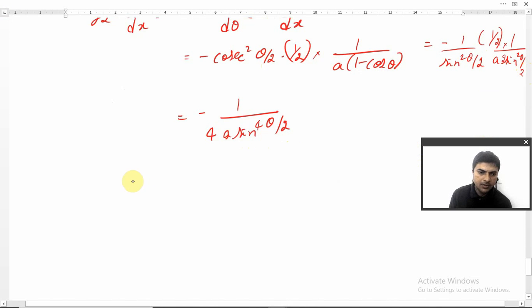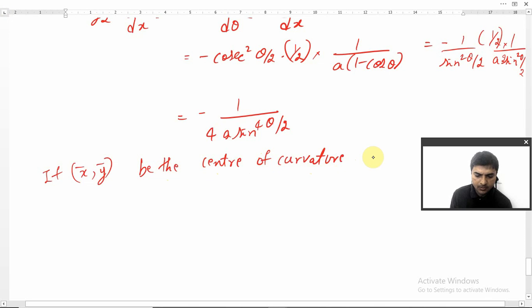Then directly substitute in the x bar and y bar. Suppose x bar, y bar be the center of curvature, then x bar we will get here, students. Please remember x bar is equal to x formula.